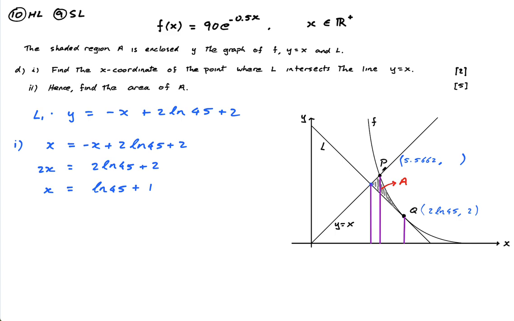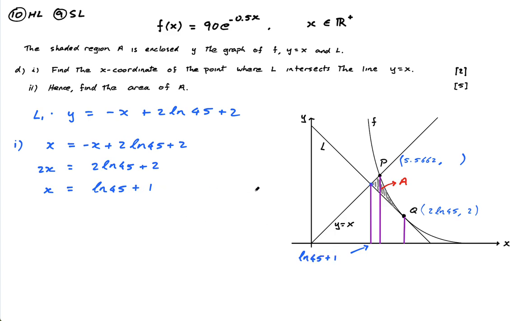Okay, so to find area A, let's put in these x coordinates. This guy here is what I've just found, ln 45 plus 1.